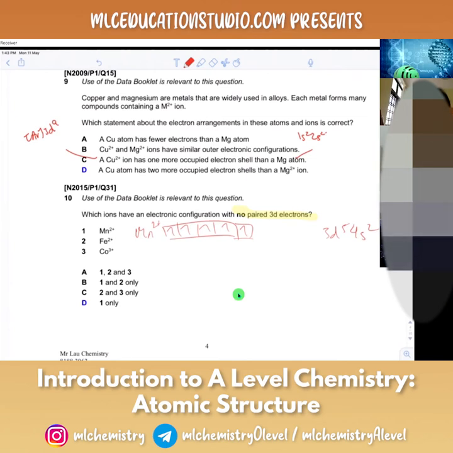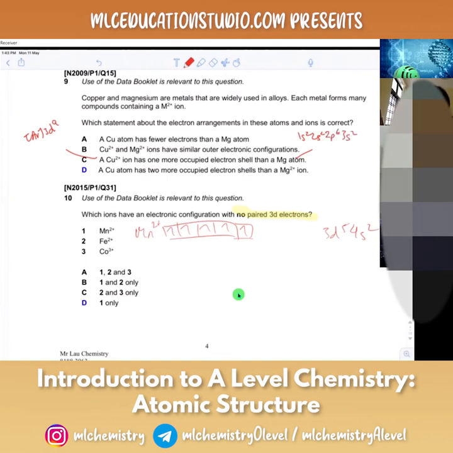Tell me the full configuration for magnesium. 2s2, 2p6, 3s2. This is magnesium.